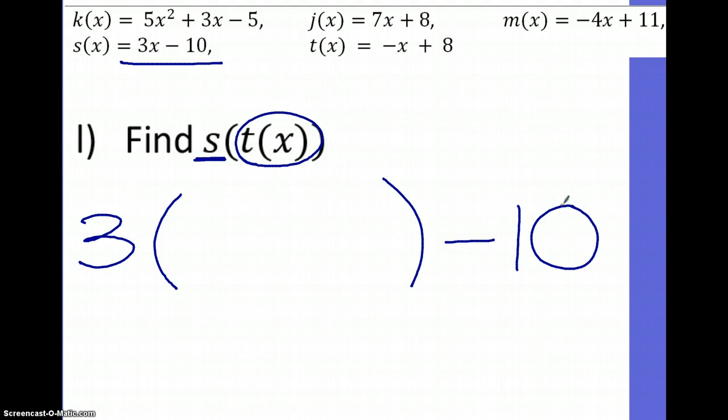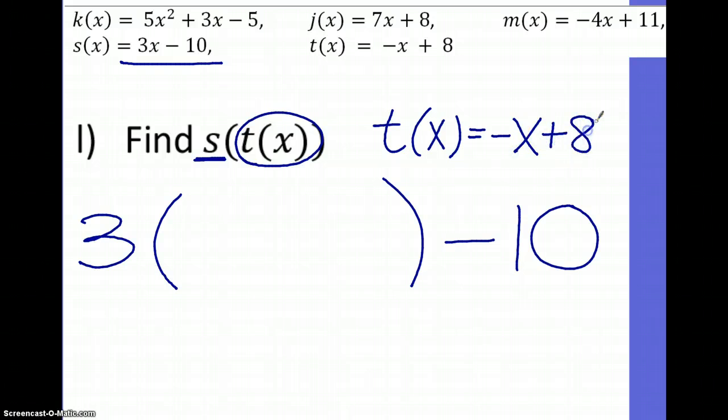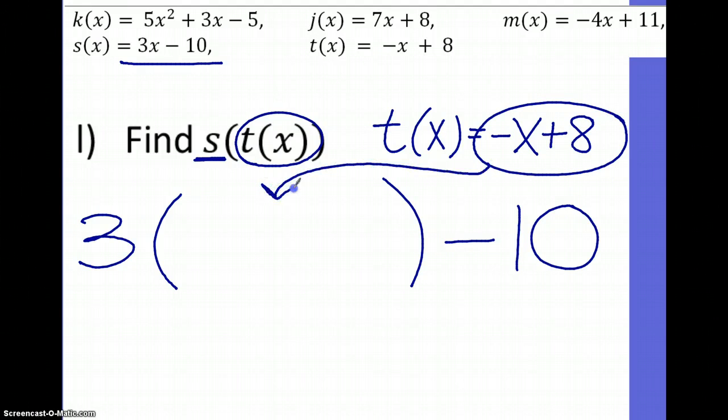And into that spot, I'm going to put t of x. So t of x is negative x plus 8. I'm going to put all of that into that equation. So all of that, negative x plus 8, that's going to go in for x.